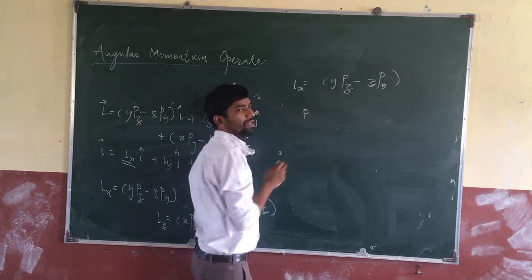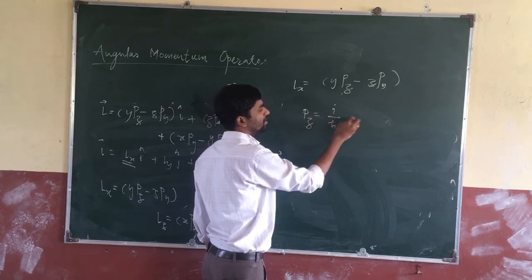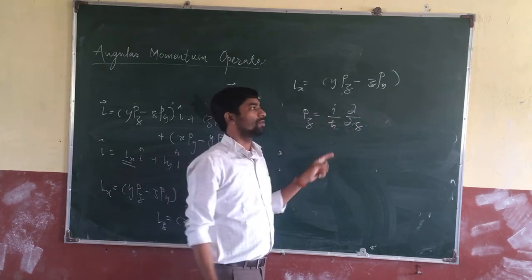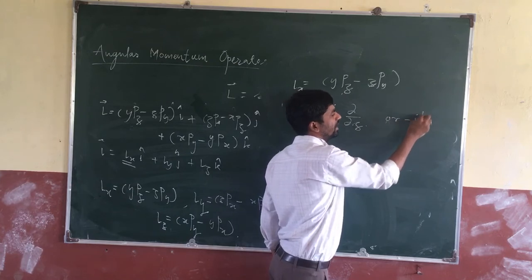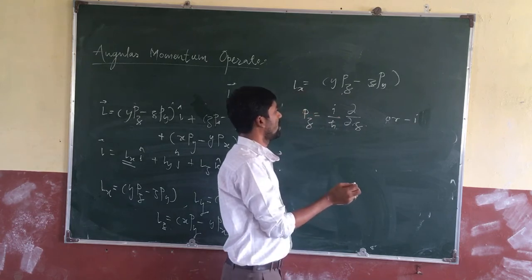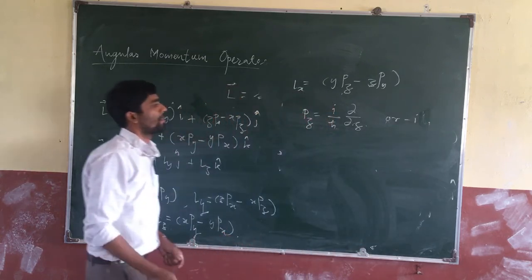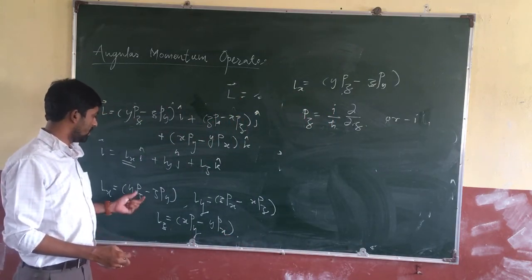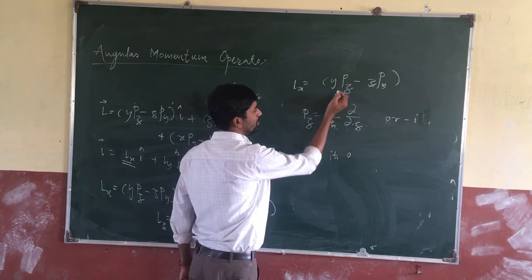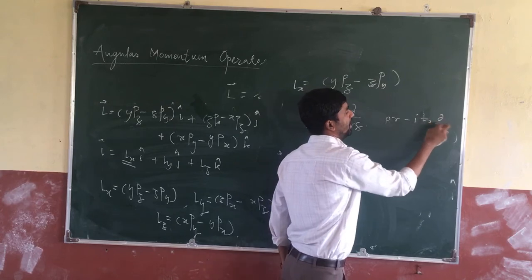But what is p here? p is the linear momentum operator. So pz is minus i h cross d by dz.